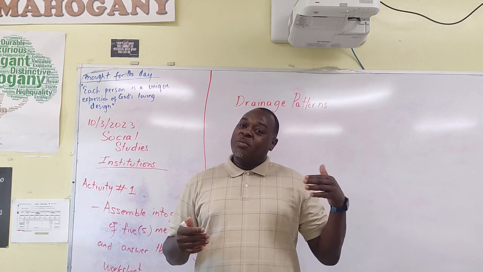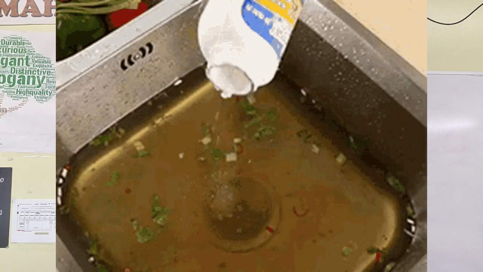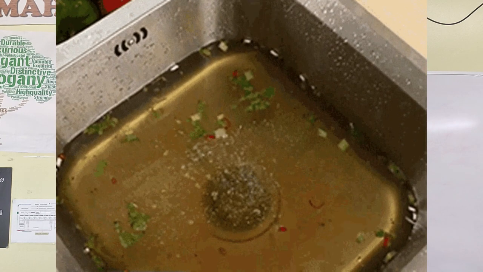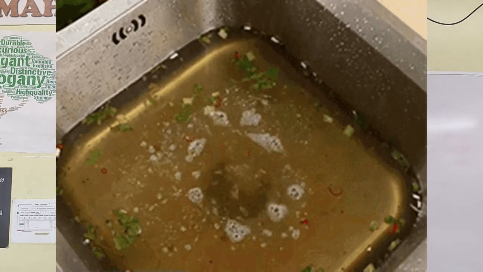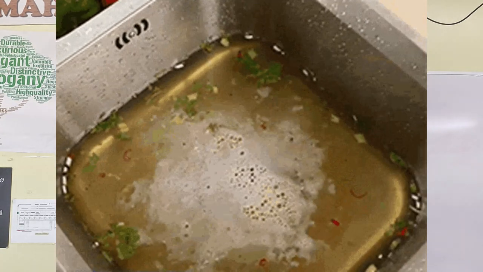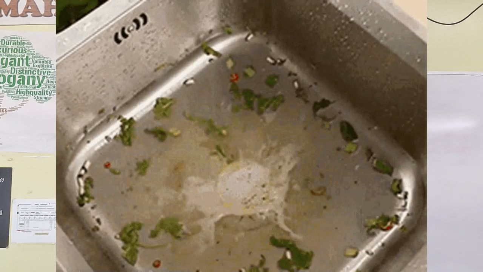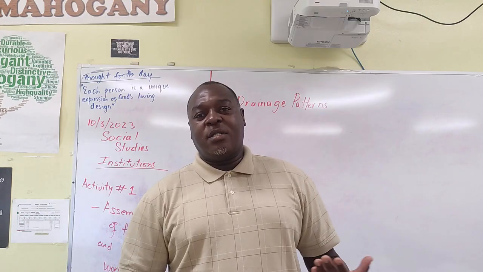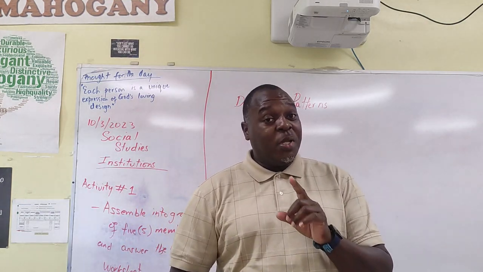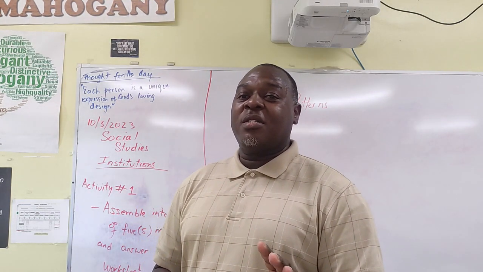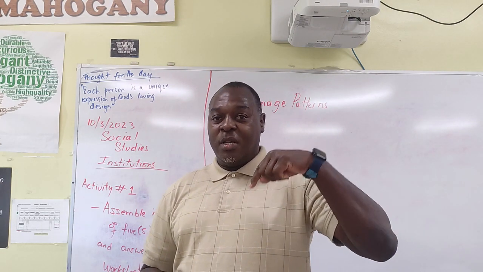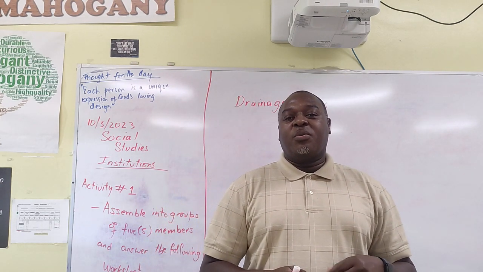Just like if something is blocking the drains of your kitchen sink, then we'd say that is poor drainage, or we might have to call a plumber, or we might have to get something like Drano or acid. Even though plumbers advise that those things will actually destroy the PVC, so we shouldn't use it.